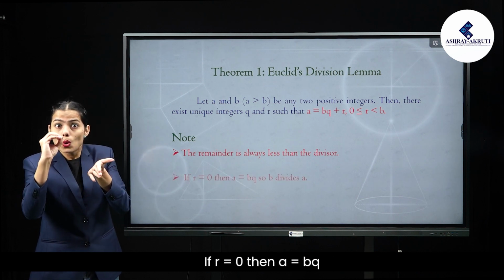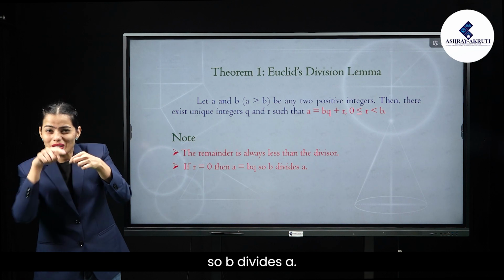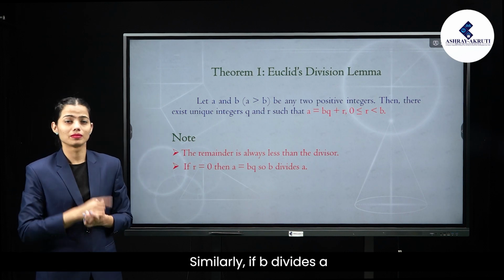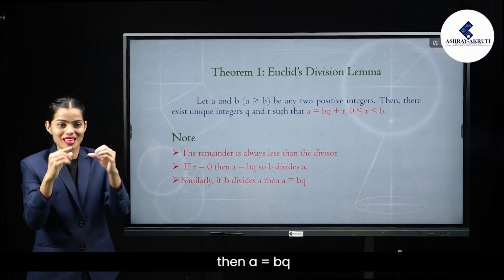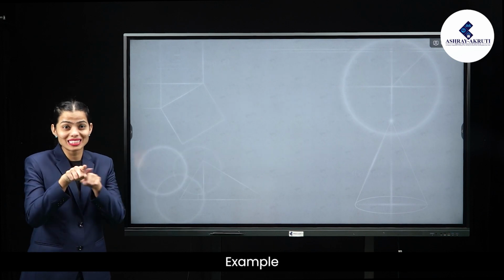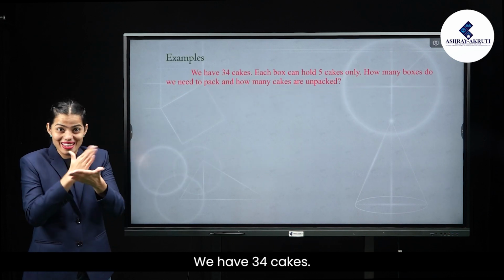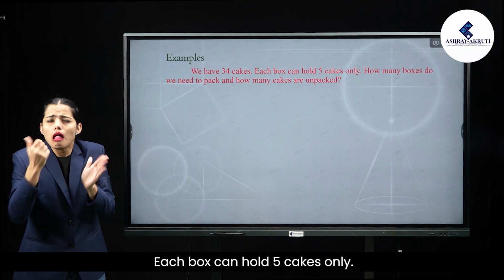If R is equal to 0, then A is equal to BQ, so B divides A. Similarly, if B divides A, then A is equal to BQ. Example: we have 34 cakes. Each box can hold 5 cakes only.